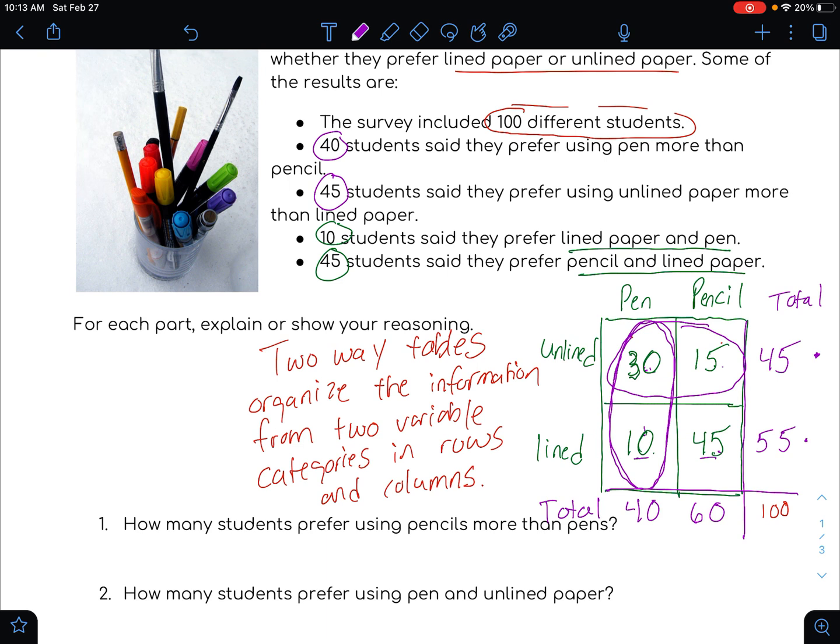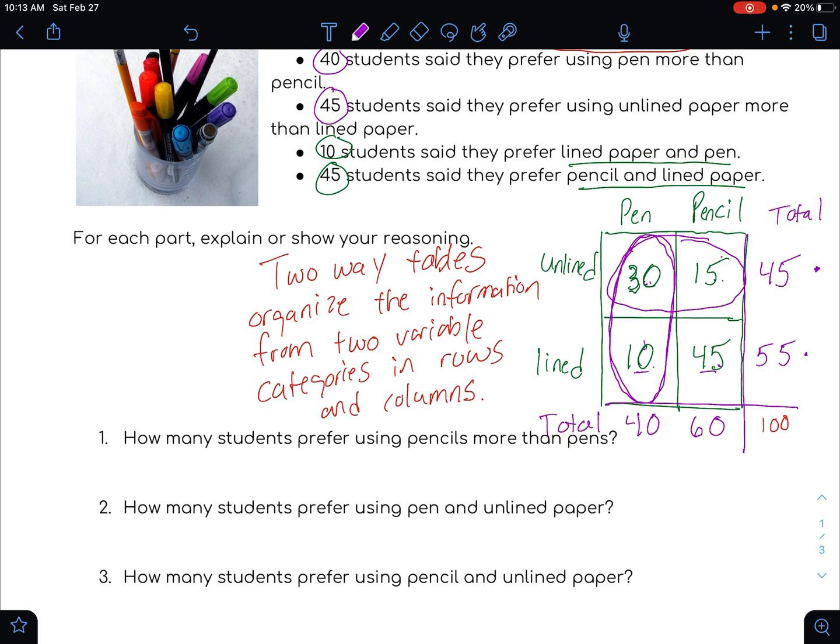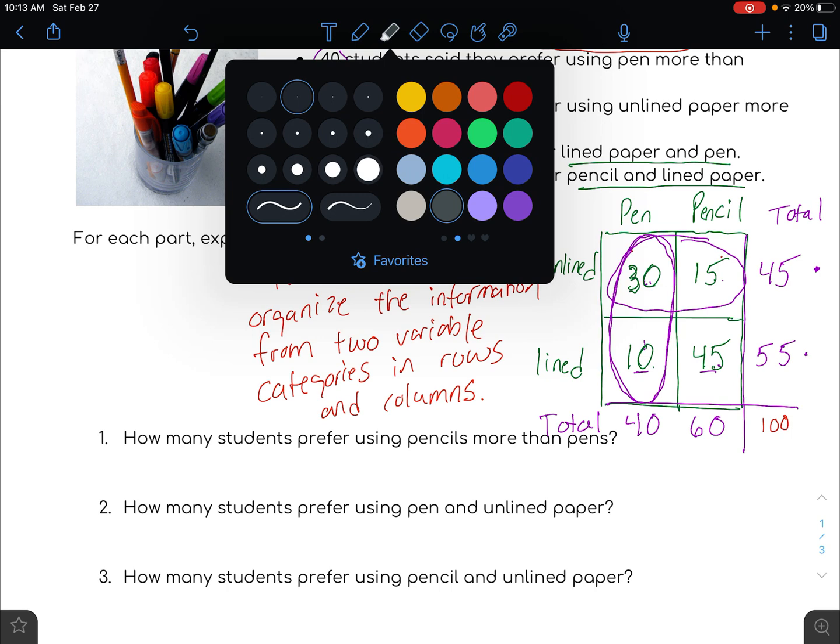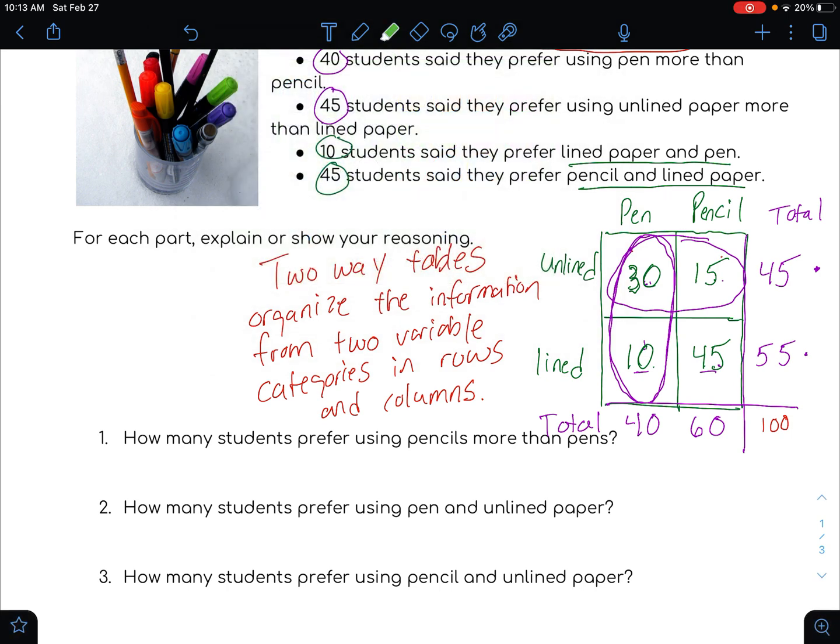So now we've carefully worked through the data we have and put it into a visual format. So now let's see if we can answer the questions that we have down below. How many students prefer, let me use a highlighter here now. All right, so how many students prefer pencils more than pens? So in that case, we're looking at the total, right?